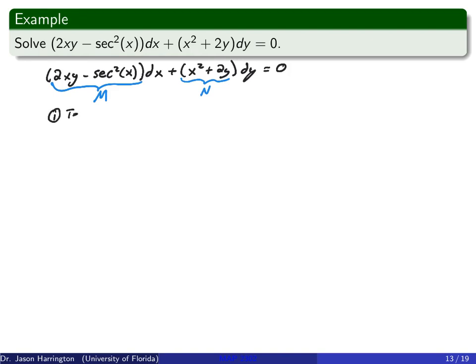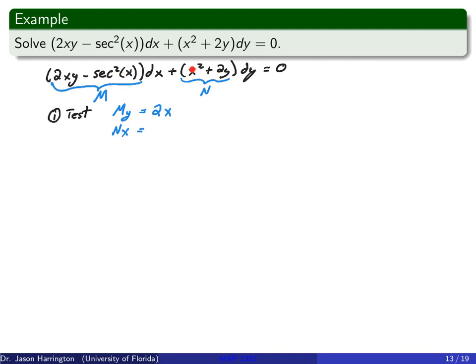So let's test. The way I test is, the first thing I do is take the partial of M with respect to y. If I take the derivative with respect to y up here, that means the x's are all held as constants, so that's just going to turn into 2x. And by the way, the derivative of secant squared of x with respect to y, there are no y's here, so that's just 0.